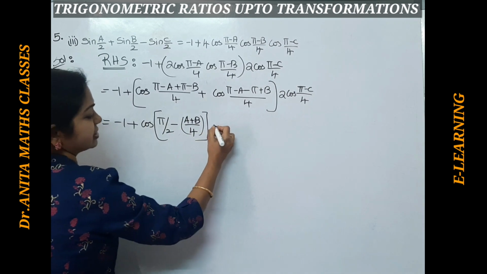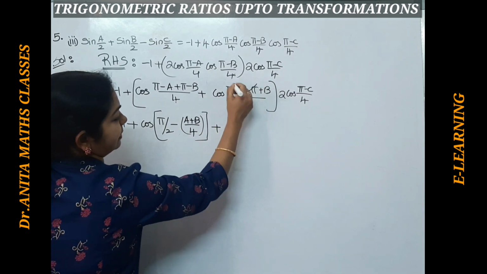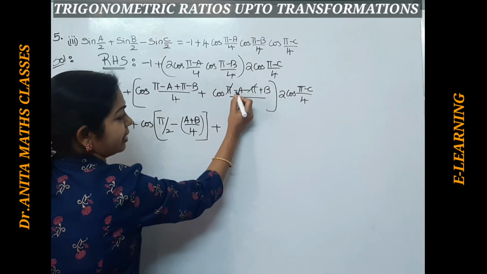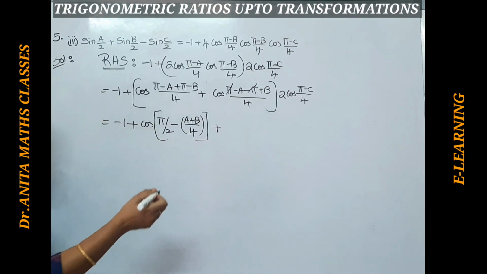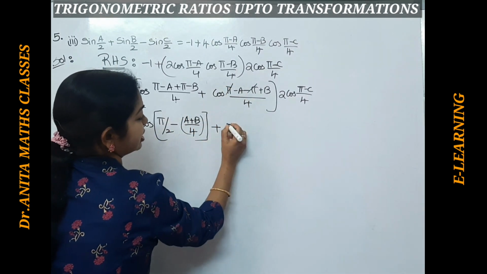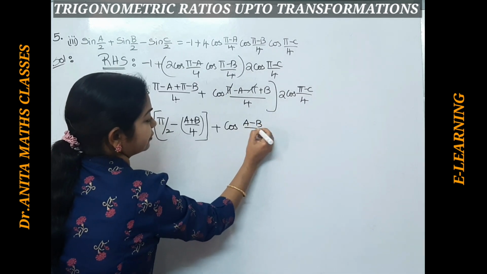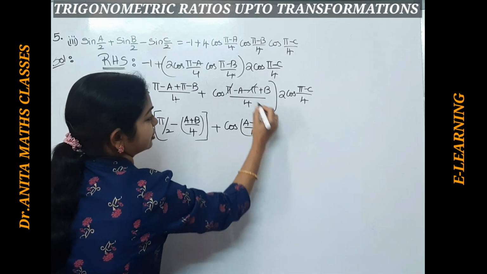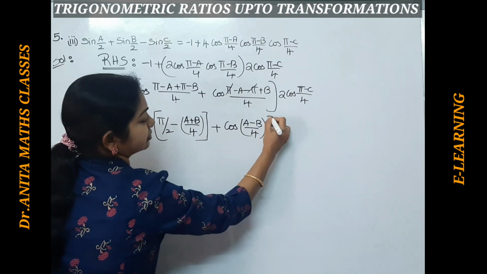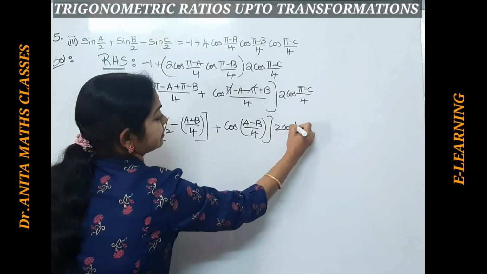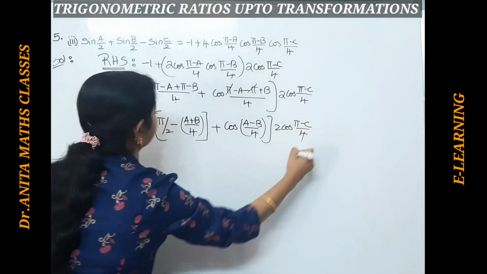So cos of this, plus, again pi goes off, cos of minus, if you are taking, a minus b. So cos of minus theta is cos theta, so we can remove the minus here. So this becomes a minus b by 4 only, simply. So we have taken minus out. So 2 cos of pi minus c by 4.